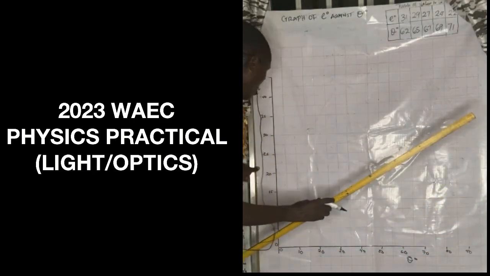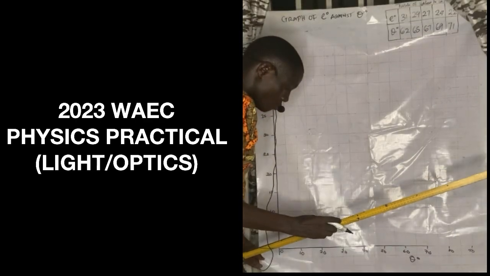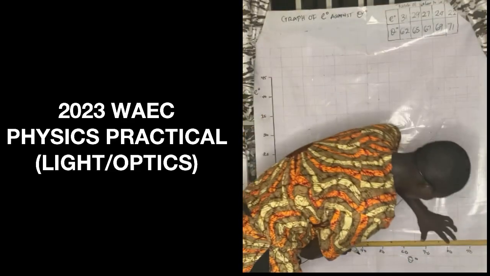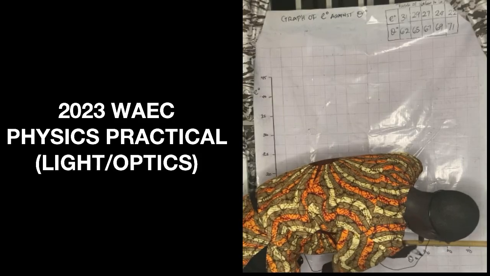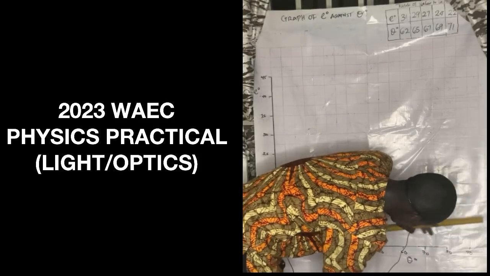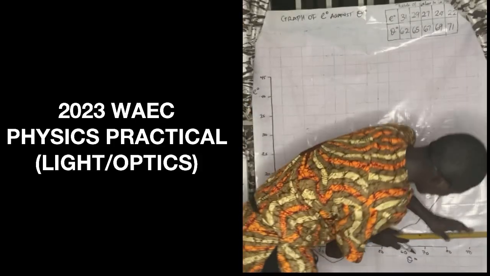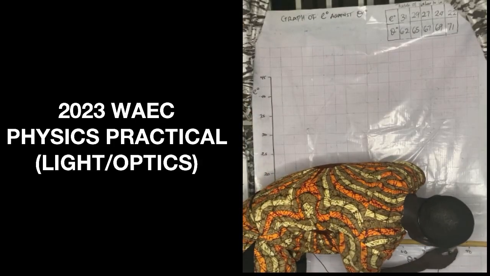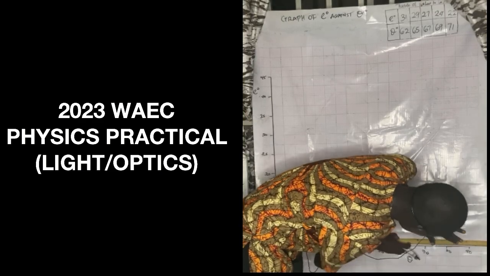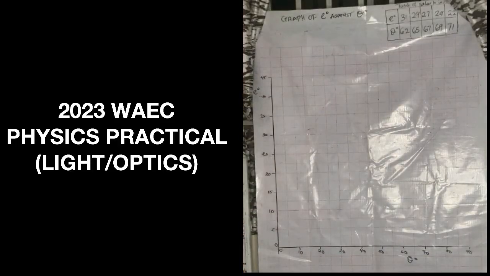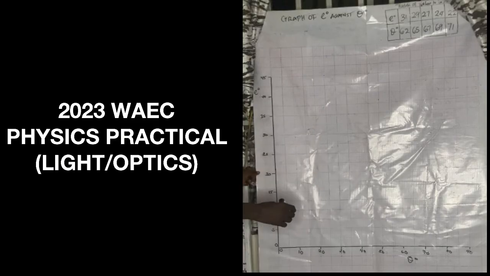You can adjust this to get to 90. So we have our horizontal and vertical axis. This one is going to be 5.